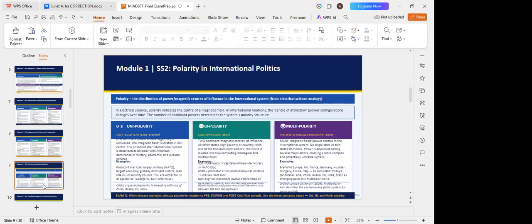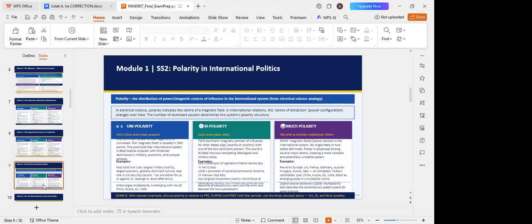One supreme power controlling the international system. Understand? So after the Cold War, the USA dominated the world. The United States of America dominated the world. Listen, after the Cold War.